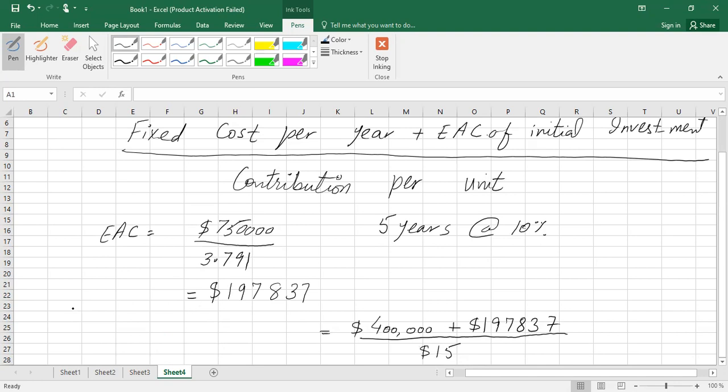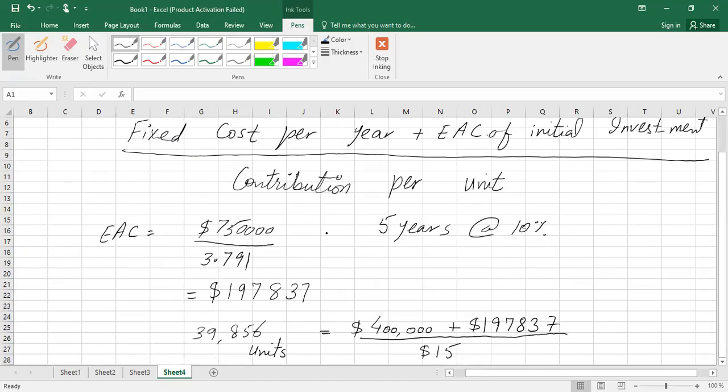So it is 39,856 units. 39,856 units per year are necessary to sell to achieve this break-even point.